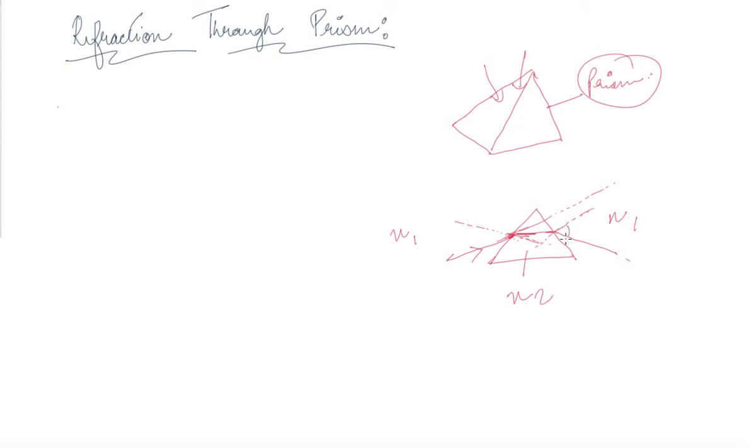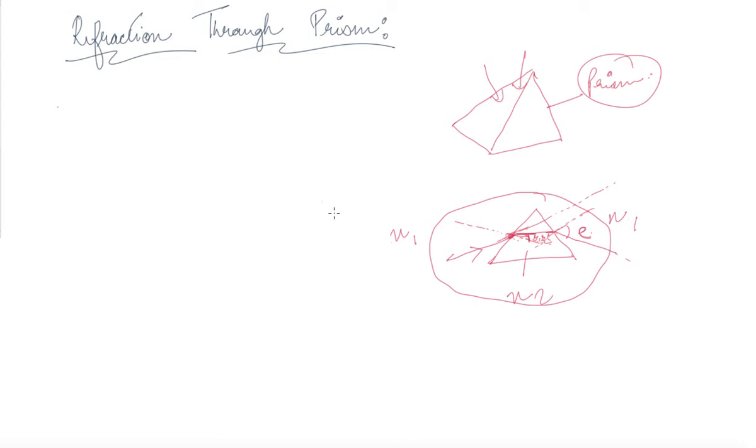So you can see it is making an angle E, then it is again making an angle over here, say suppose R. So this is R1 and this is R2. So there are multiple refractions taking place. So this is how we can physically understand prism.